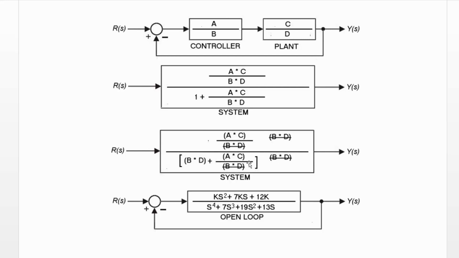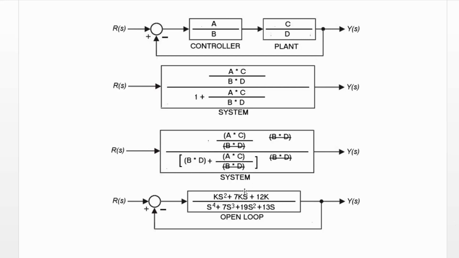On the bottom, the BD cancels out and you're left with AC. But you had a 1 over here. Don't forget this 1. You multiply BD times 1 and you get BD. And this equation simplifies to A times C over B times D plus A times C.